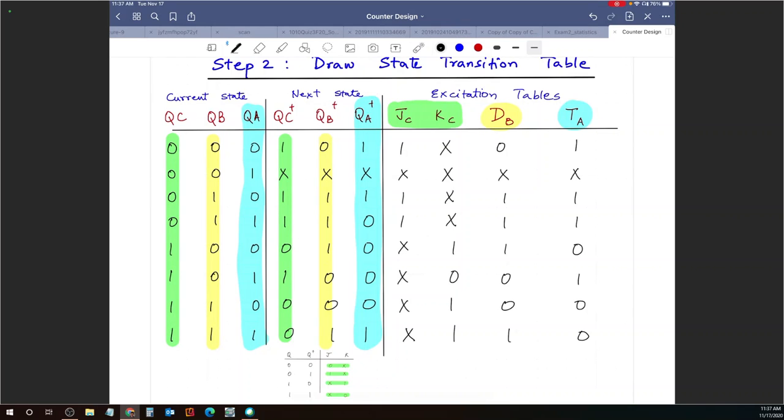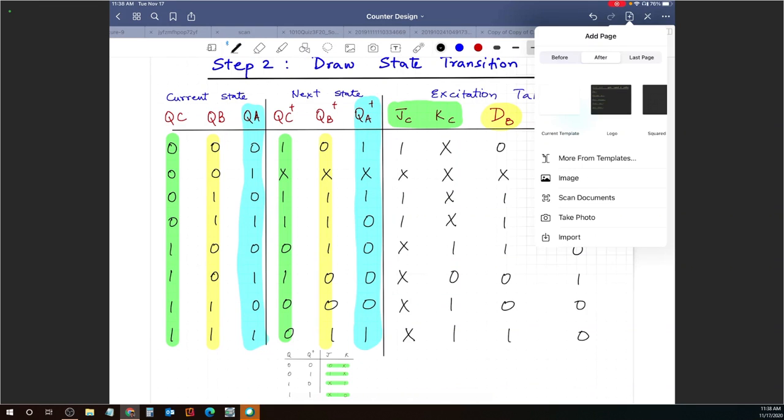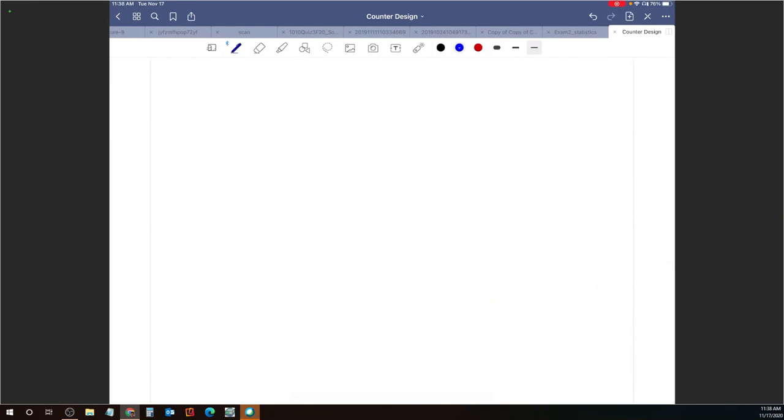All right. So the next step is going to be flip-flops. Our flip-flops are essentially going to be for finding the simplest expressions that will make our counter function the way we want it to. So step 3.